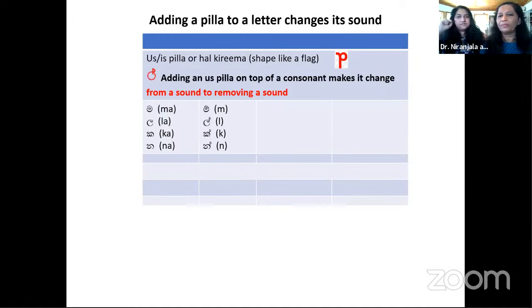You all know that sound. L to l, mal. Mal is flowers. K to k, akka, older sister. N to n, pan, like in bread. Right? So again, any questions?